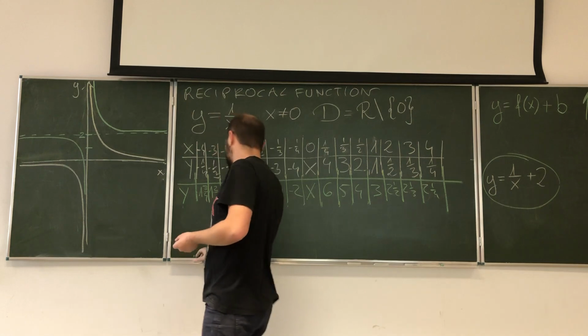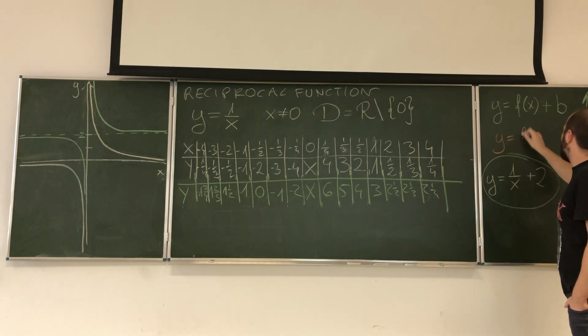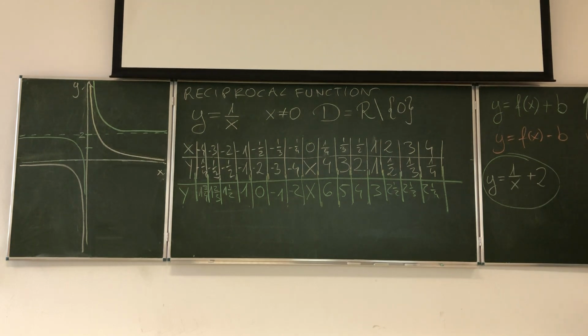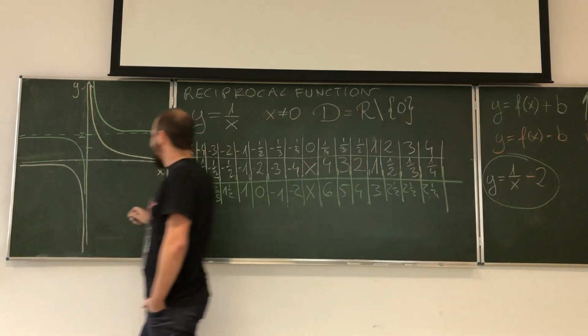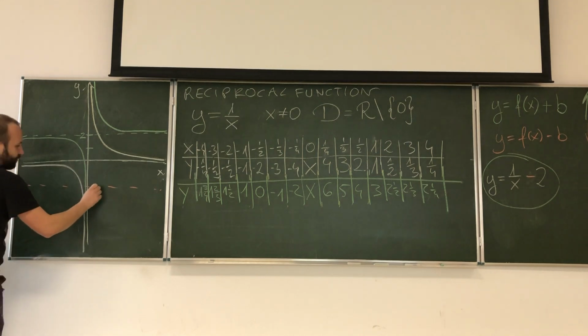Now, what if I would be subtracting the positive value b? Well, we can imagine quite easily that now the function will be b units lower. If I would have minus here, I would just draw an asymptote over here at negative 2.